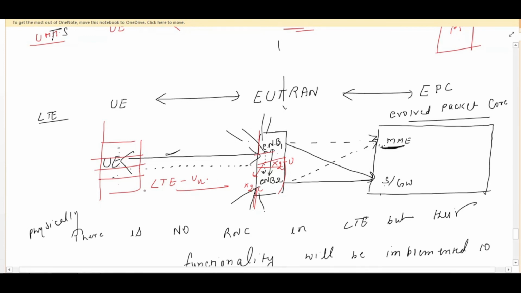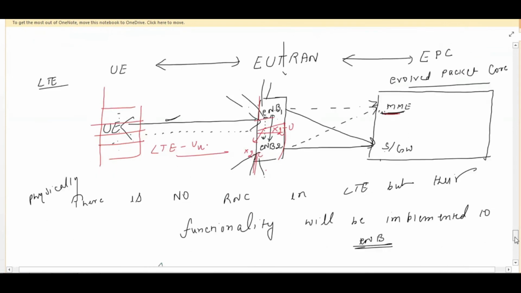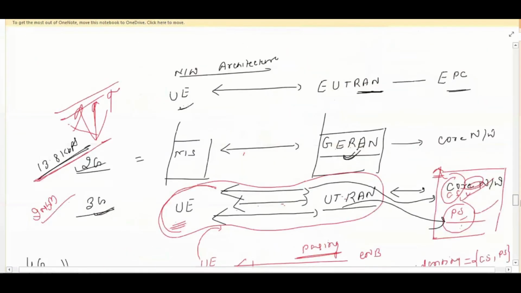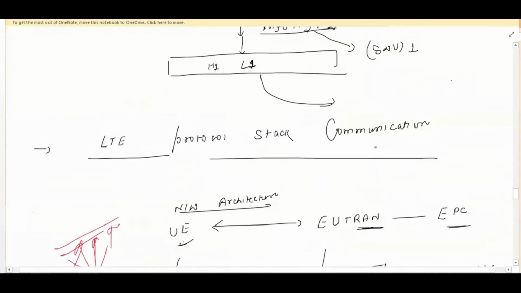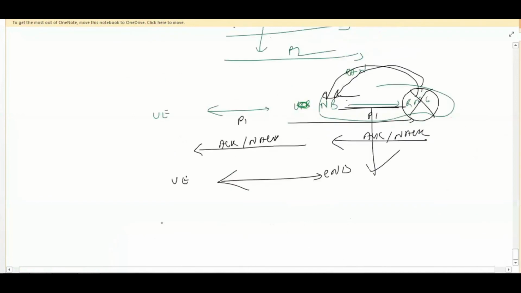So just now I said your mobile communicates with the eNode B, and a few mobile signaling information will be communicated with the MME also, but via eNode B. It means your mobile can communicate with the RAN and with the EPC, meaning the core network, both. Now coming back to this topic, your LTE protocol stack architecture.